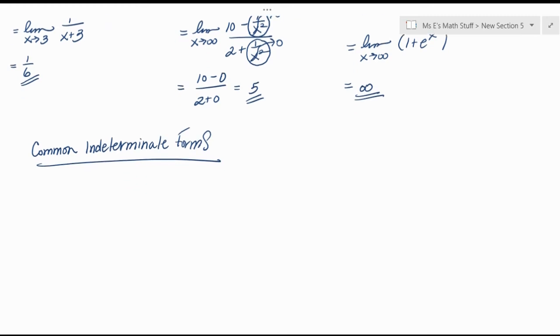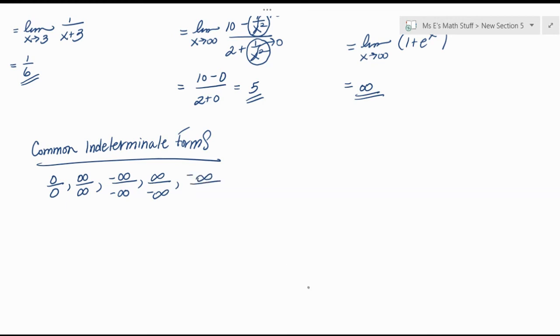If you end up with 0 over 0, that's an indeterminate form. Infinity over infinity, very common. And then different versions of infinity divided by infinity. You could have positive infinity divided by negative infinity, or negative infinity divided by positive infinity. And these are really the most common indeterminate forms.